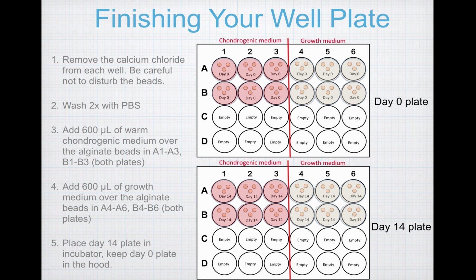That's both plates. Next, you'll add 600 microliters of growth medium, that's standard growth medium, over the alginate beads in wells A4 through A6 and B4 through B6. That's both plates. And you can place day 14 plate in the incubator and keep day 0 in the hood.